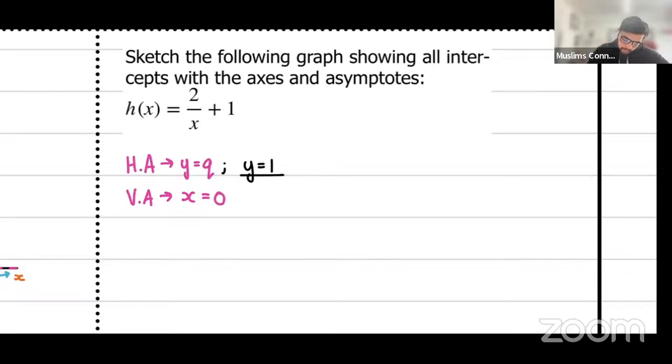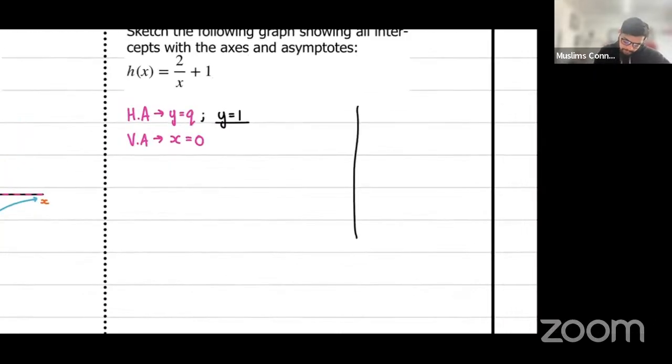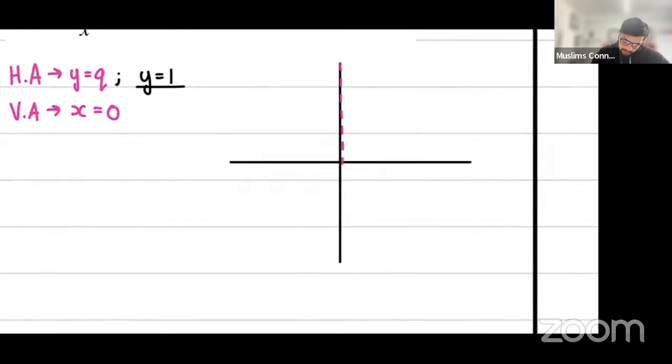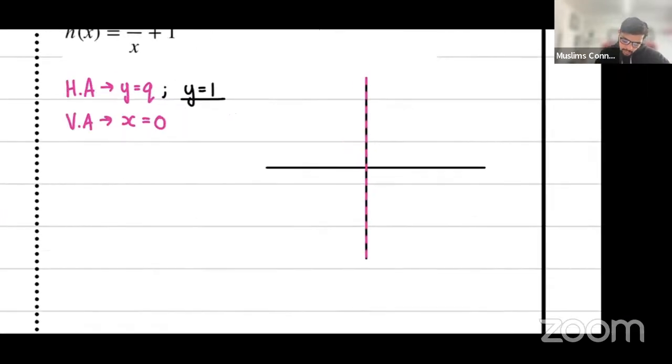So we can go ahead and just draw up a little sketch. All right. Now let's draw our asymptotes. So firstly, x is equal to 0 is on the y-axis right here. That's the vertical asymptote. The horizontal asymptote is y is equal to 1.